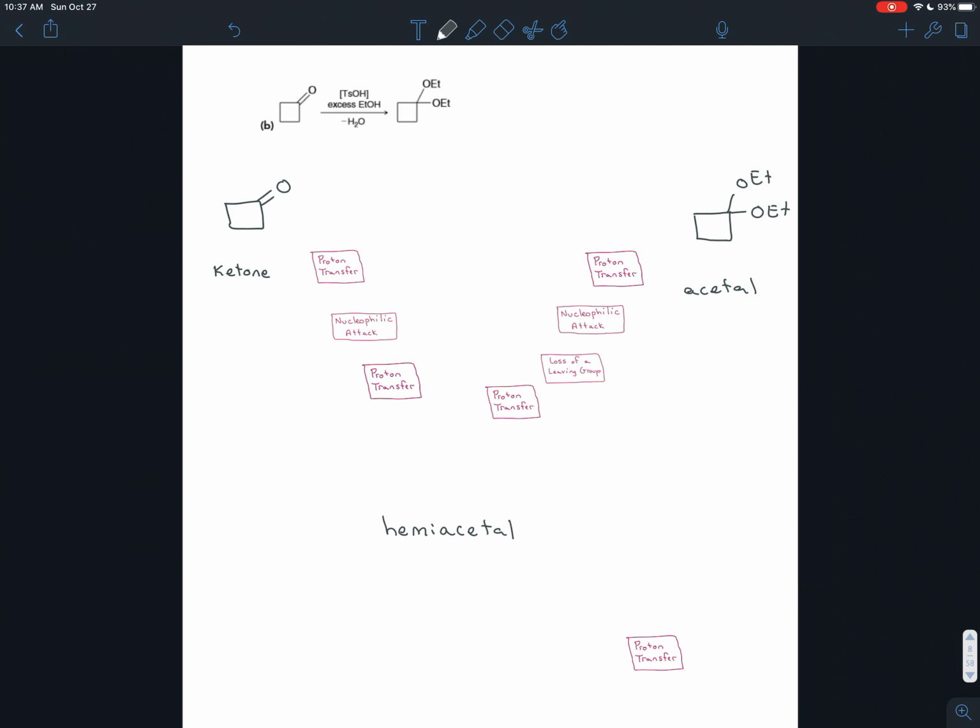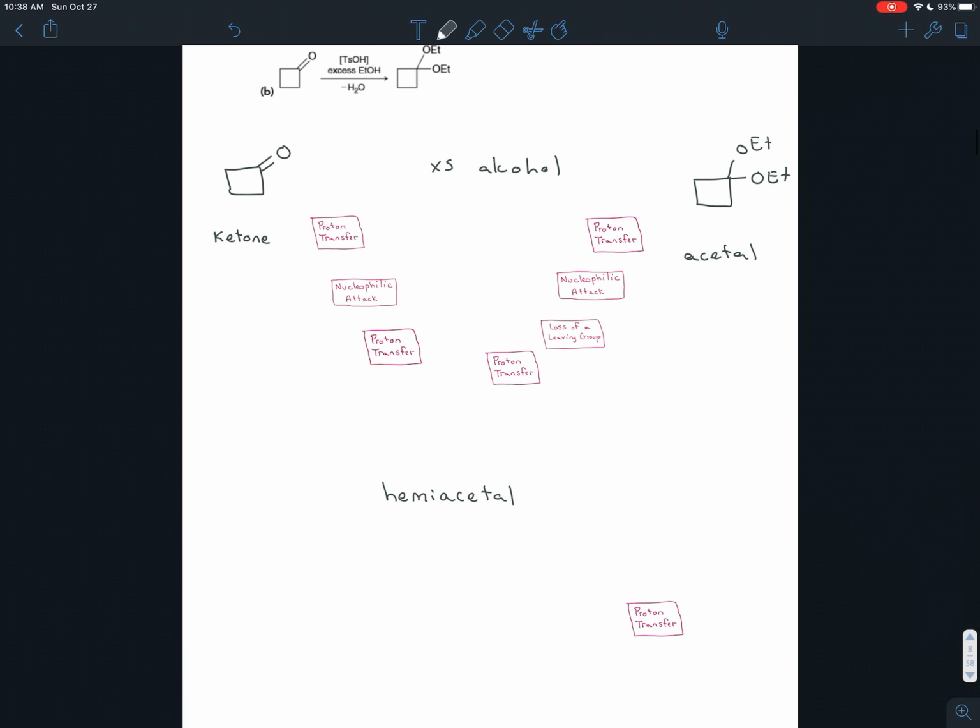So you make that transformation by adding excess alcohol. Okay, well, halfway there, you turn the carbonyl into an alcohol, and you put one of the two ethers onto your carbon chain.